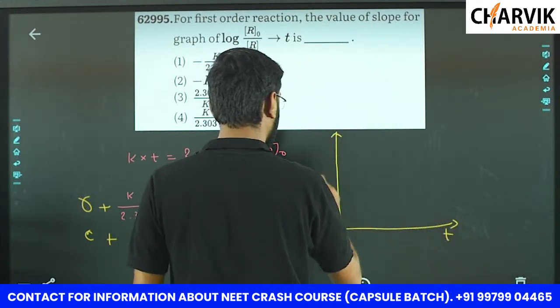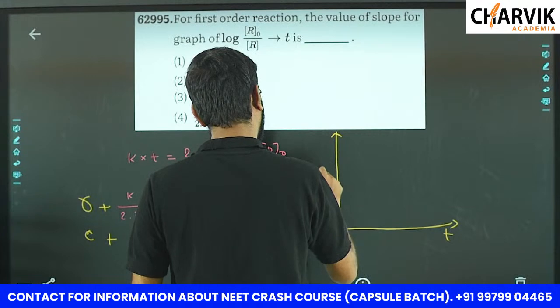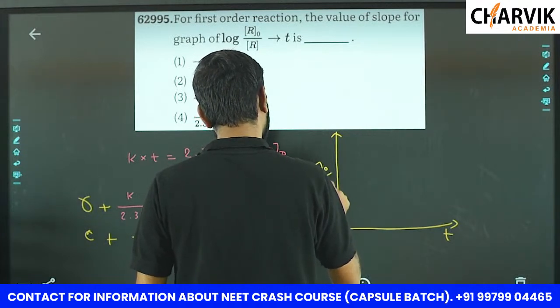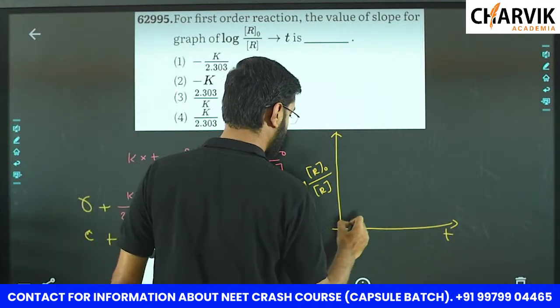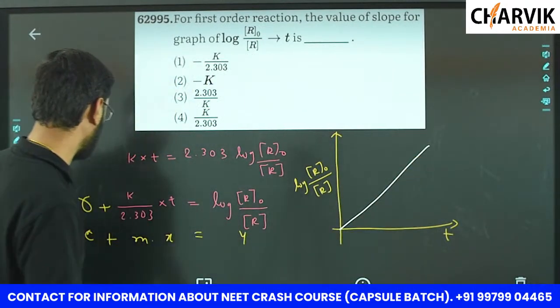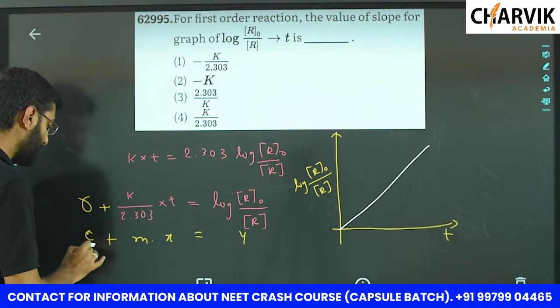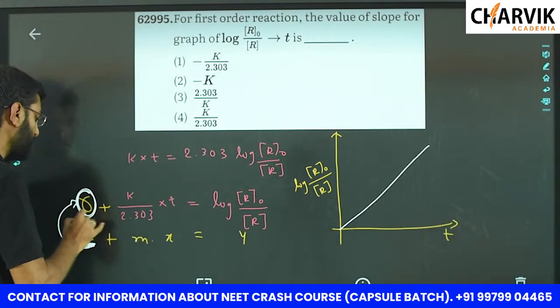So the graph of this equation looks like this. Time t versus log R naught by R, and you will get a straight line starting from the origin because intercept C is 0.